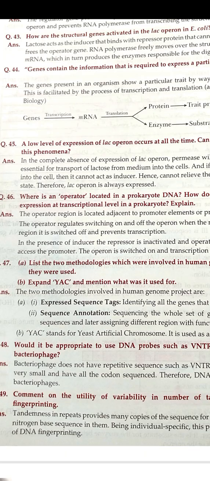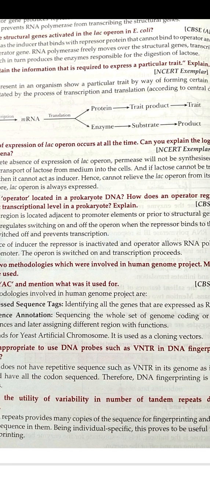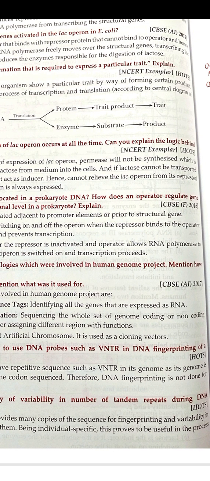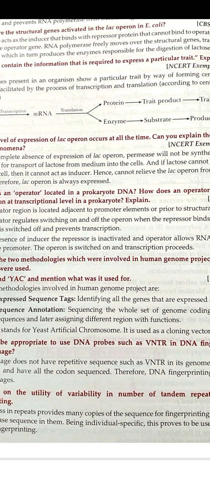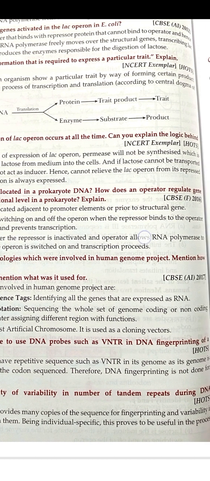Now, next question is 44. Genes contain the information that is required to express a particular trait. Explain. So, answer is the genes present in an organism show a particular trait by way of forming certain product.